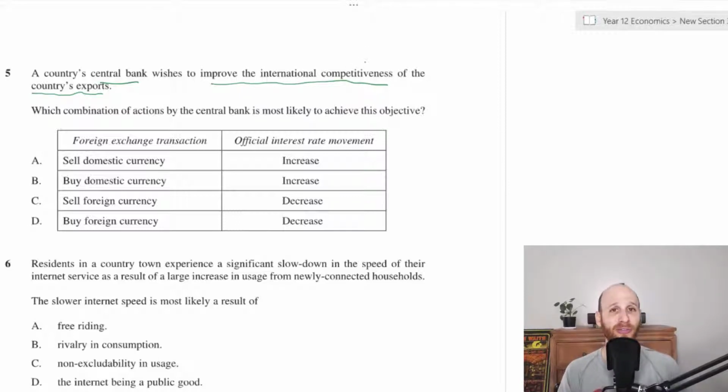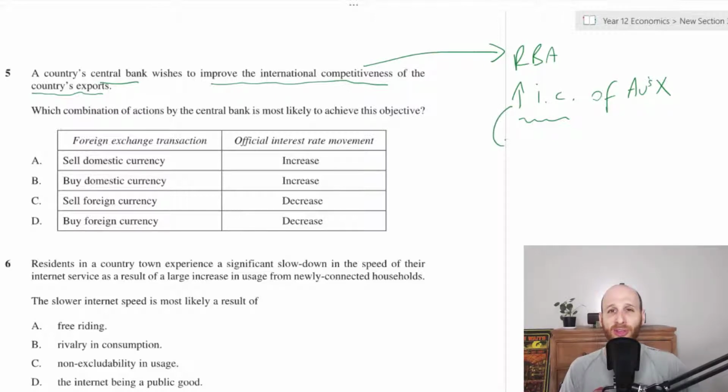Okay, before I go into the next part of the question, let's give myself a couple of clues. So let's say that the RBA, right, wishes to improve the international competitiveness of Australia's exports. So what that essentially means is it would like to make exports cheaper.